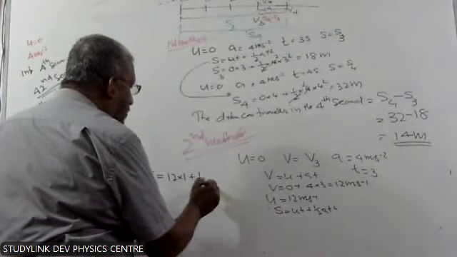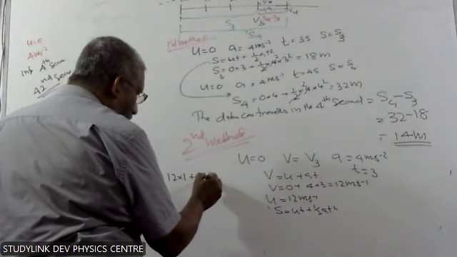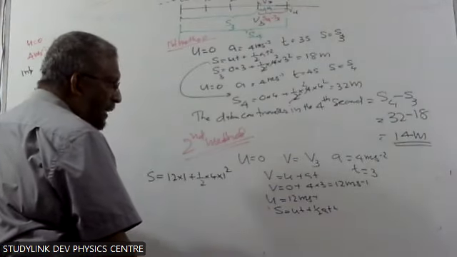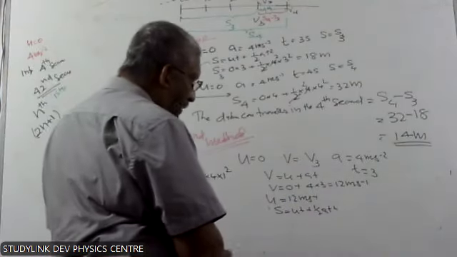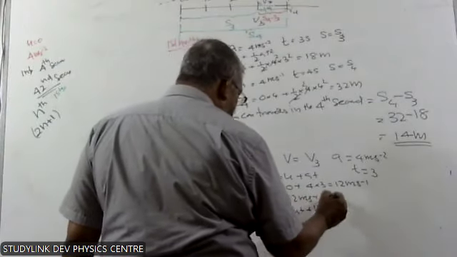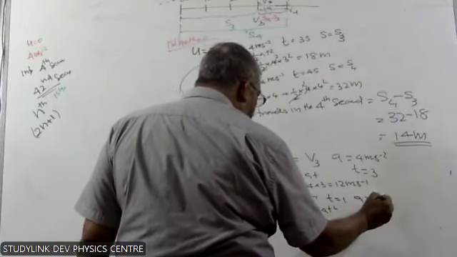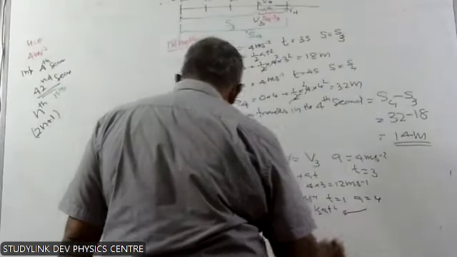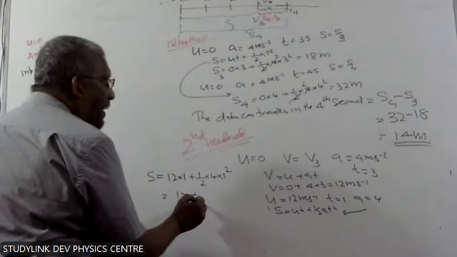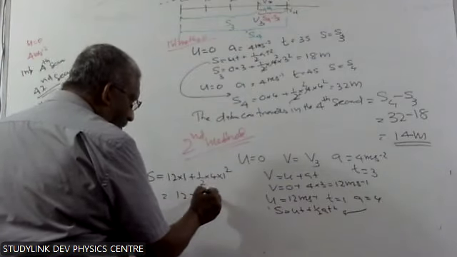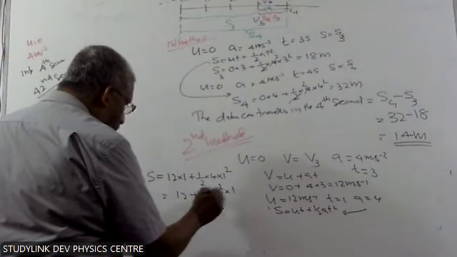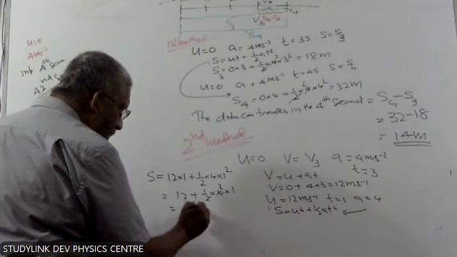Plus half into a, a is 4, t is 1 squared. For this we are considering it now in a different way. Here u is this, t is equal to 1, a is equal to 4. Then you substitute here, you get 12 plus half into 4 into 1, which is 2. 12 plus 2 is 14 meters.